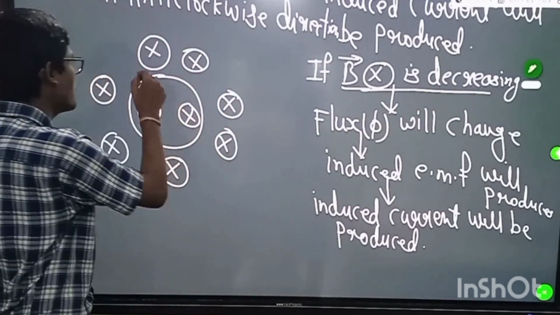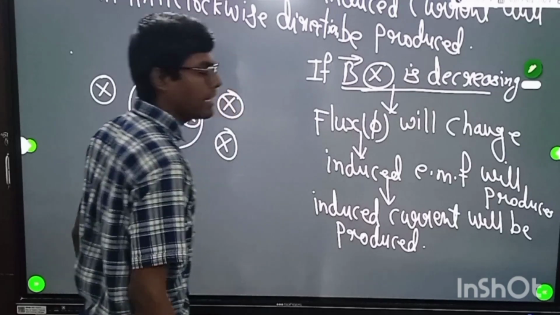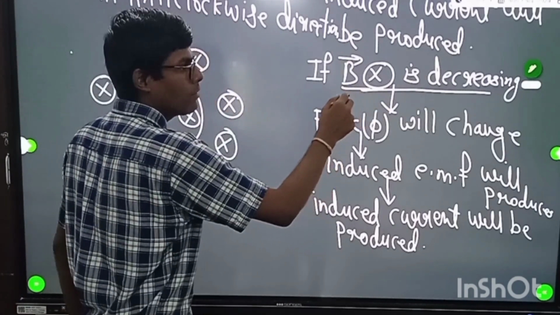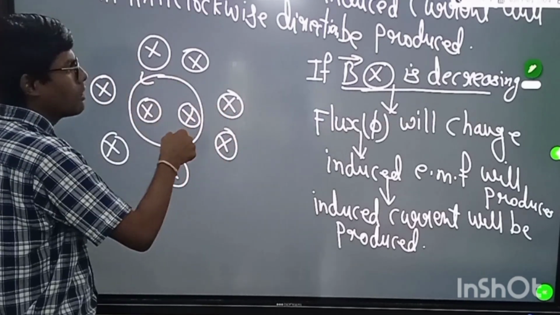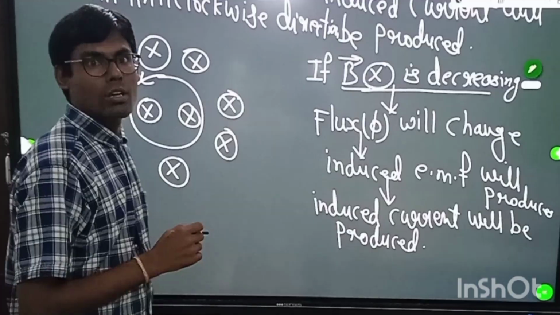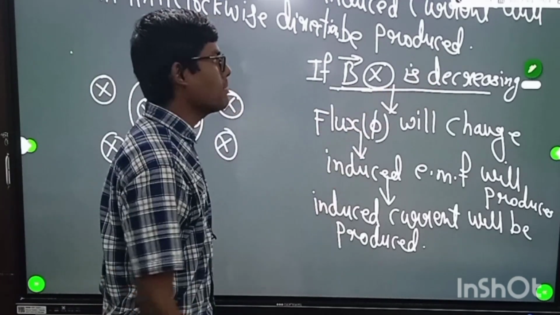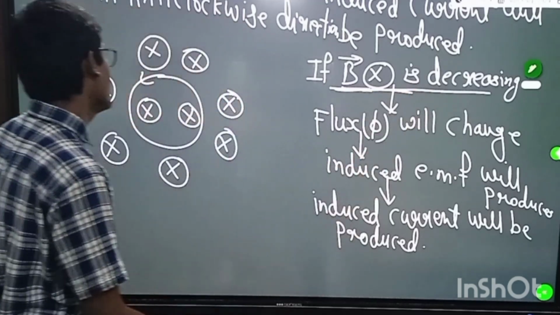If the current flows in this direction, then it will support the decreasing magnetic field, because the magnetic field will further decrease. So induced current will not support the decreasing magnetic field; it will oppose it.